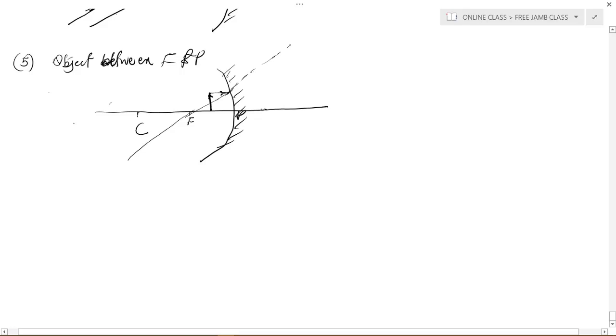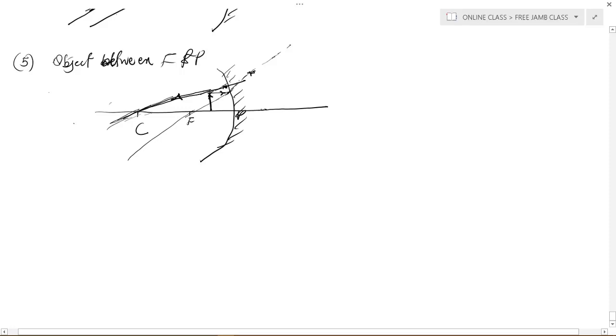Outside there. Less than 1 minute. So this one also goes like this through C, or reflects backward like that.